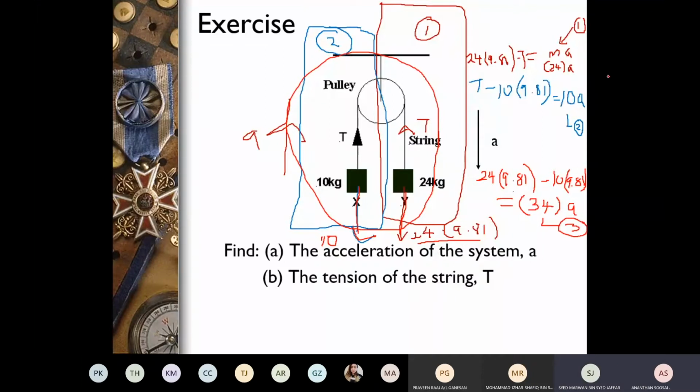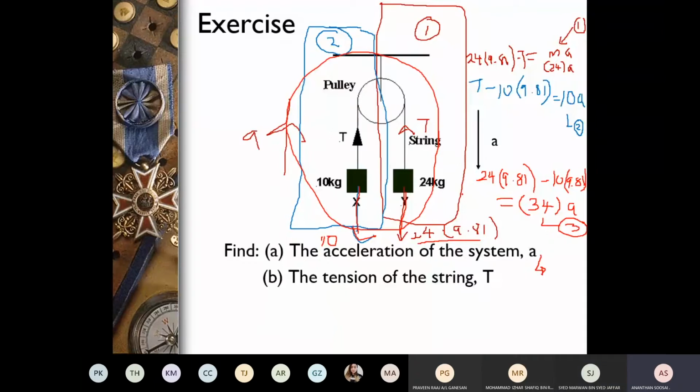Those who can form these three equations out of this system, you are on the correct track. Now get me the answer for the first one. What is the acceleration of the system? Which formula can you use? Do you want to use the first and second, or do you want to use the third? The third is the easiest for this case. Why?